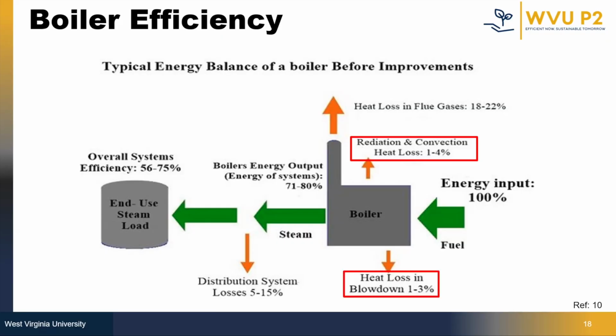Another one is blowdown losses, up to 3%, which is the release of hot water to control impurities. Altogether, these losses add up to 20 to 30%. That means most boilers have an efficiency of around 70 to 80%. And when you include the steam distribution system, you can lose another 5 to 15% along the way.